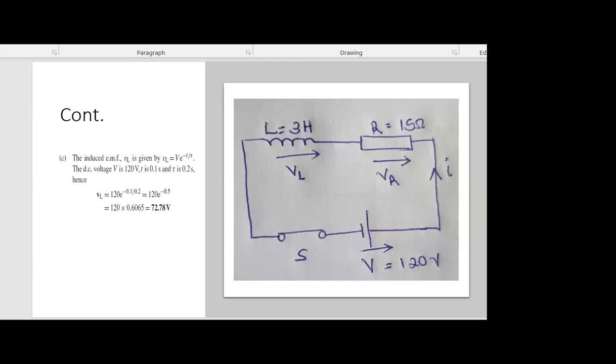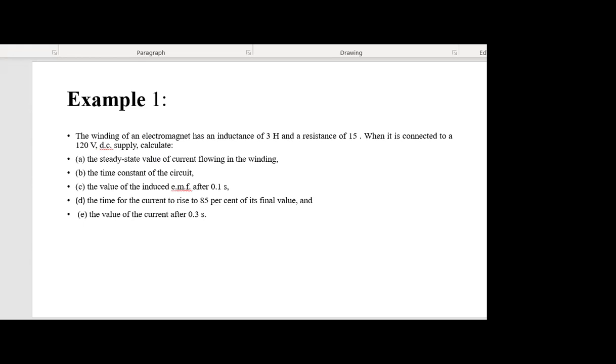Then the other question is the time for the current to rise to 85% of its final value.